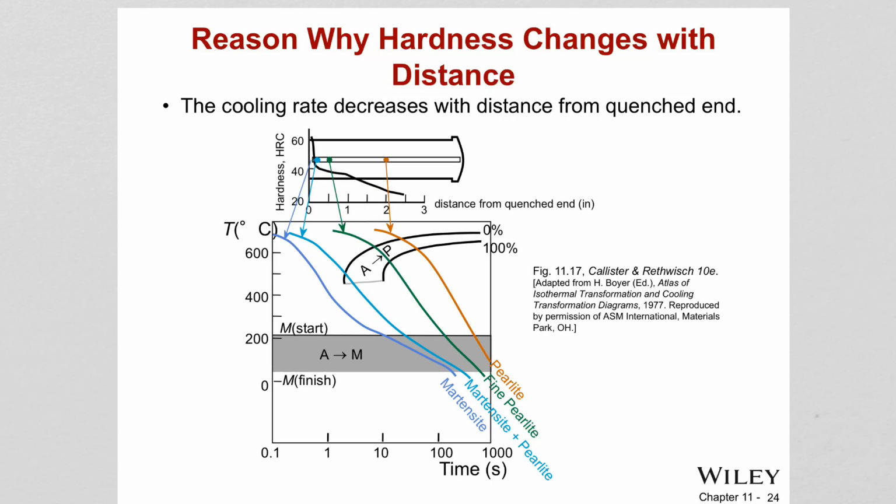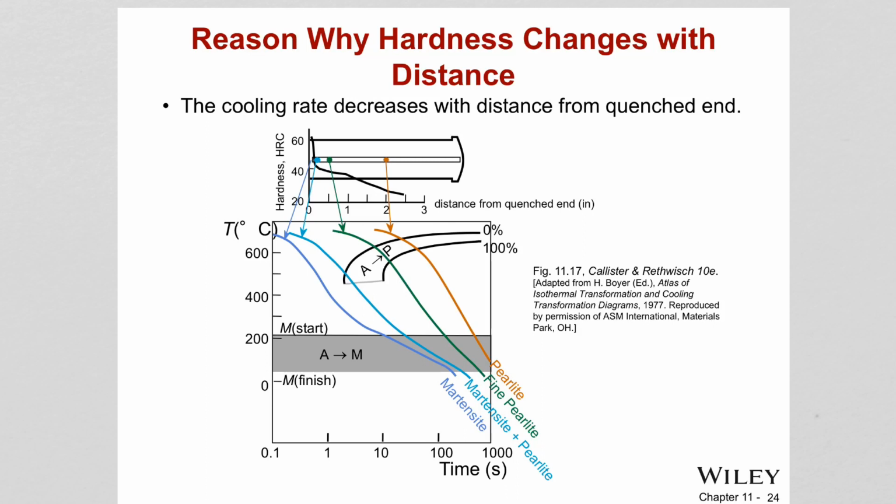And of course you expect the quench end will have the highest cooling rate because it is in contact with the water. But as we move away from the quench end, the cooling rate decreases. And with the cooling rate decreasing with the distance, the material will have different types of cooling curves, therefore different types of structures throughout the length. The initial part, which is the dark blue, will form martensite due to fast cooling rates.